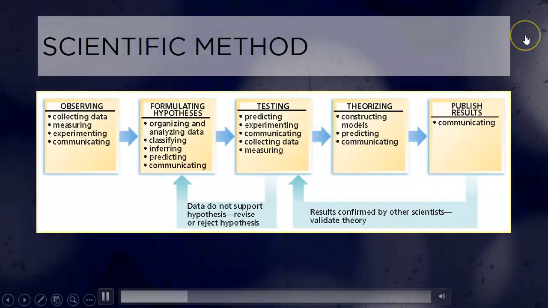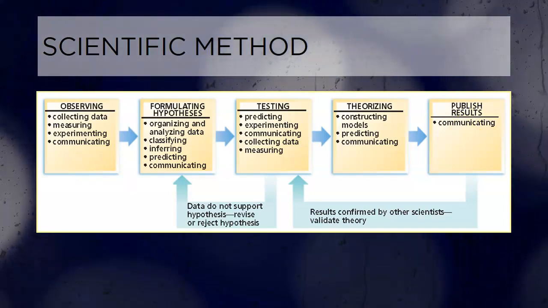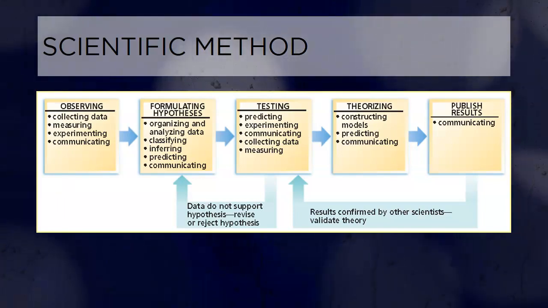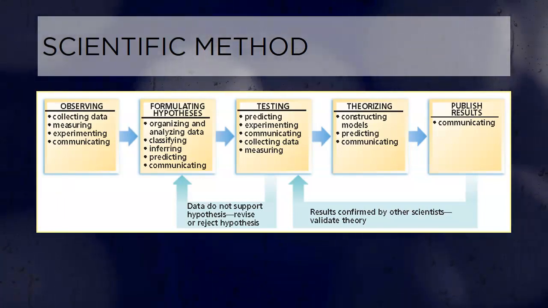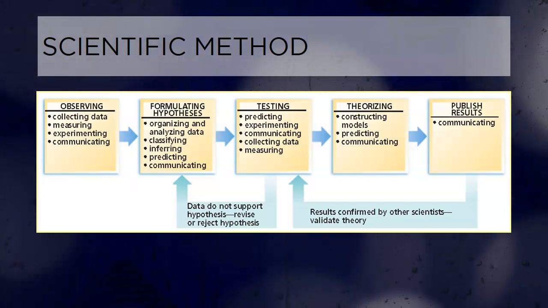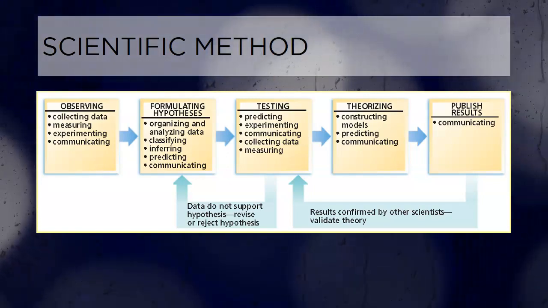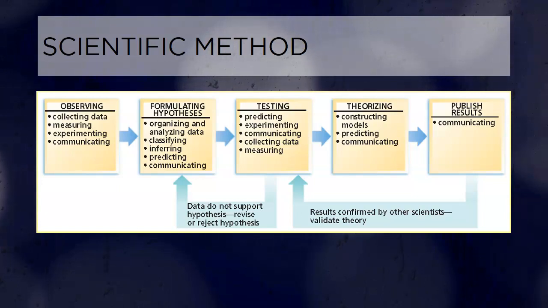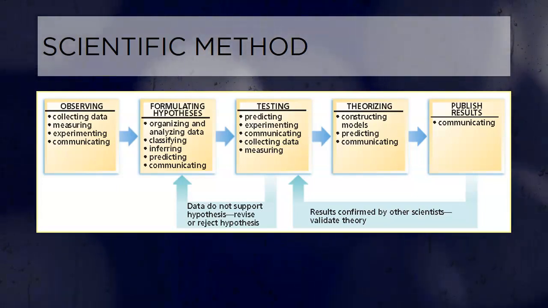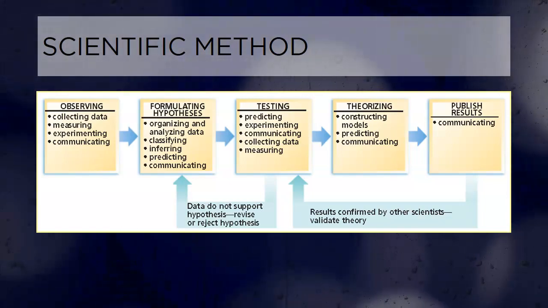And then I just have one last slide in this section talking about the scientific method. Like I said, there are sort of steps we would like to follow, but it doesn't always go this way. We make our observations, we collect data, we look at what's going on and what we want to study, and then you can even do some preliminary experimenting or communicating with others, do some research, see what others have already found out about your topic.